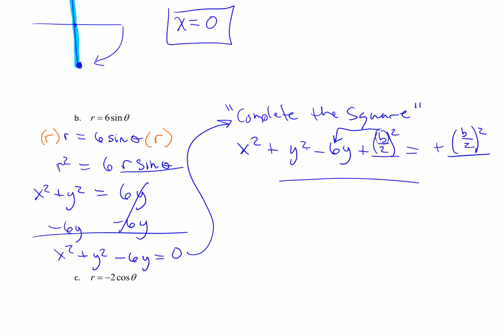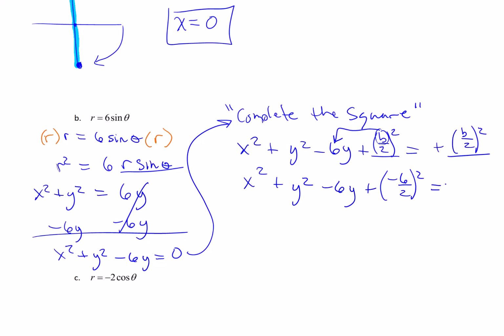So when we see y squared minus 6y, then the minus 6, that's our b. So what that means is b over 2 squared is really negative 6 over 2 squared. So let's rewrite this as x squared plus y squared minus 6y like we already had, but now I'm going to say plus, and then it's really negative 6 over 2 squared.